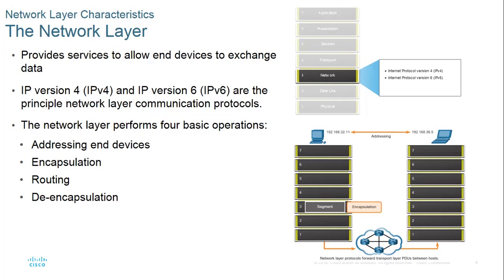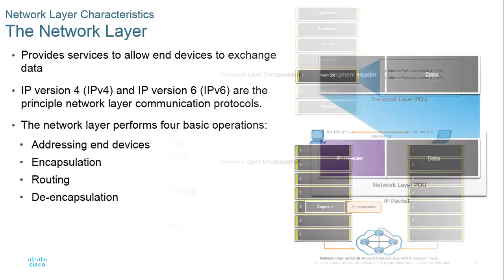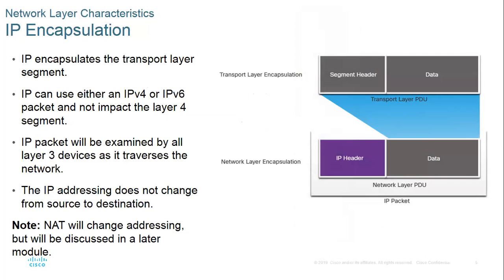In the TCP/IP model, we have IPv4 or IPv6 as the network layer communication protocols. In the previous module, we talked about encapsulation. When it comes to the network layer, the segments of data provided by the upper layer will be encapsulated within the data field of an IP packet.